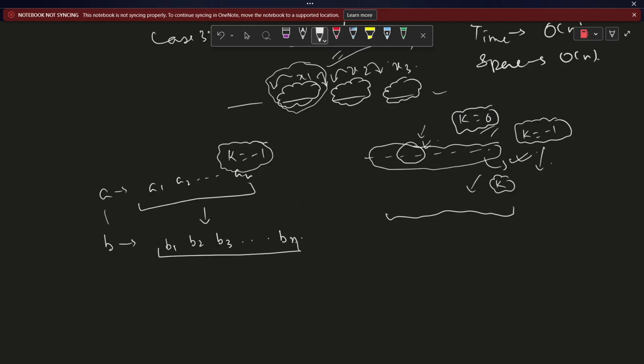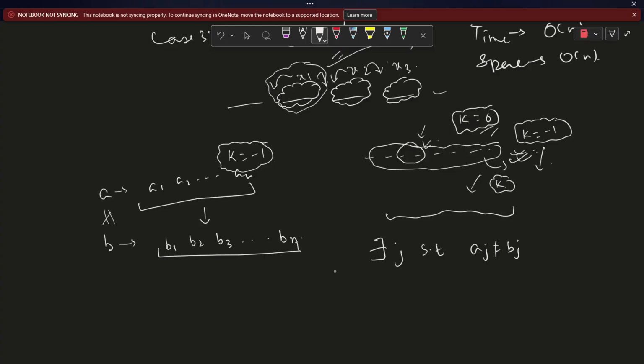Obviously this array A is not equal to B, because if they were equal, that would be the case of k equal to -1. So there exists at least some index j such that A of j is not equal to B of j.